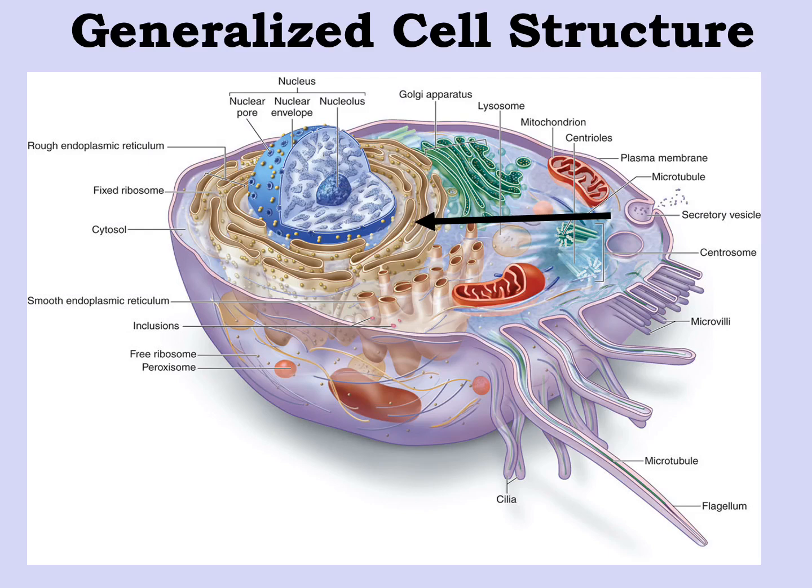The endoplasmic reticulum is responsible for production of materials for the cells, whether they are lipids, smooth endoplasmic reticulum, or proteins, rough endoplasmic reticulum. One of the organelles that most of the cells within the body have are going to be mitochondria.